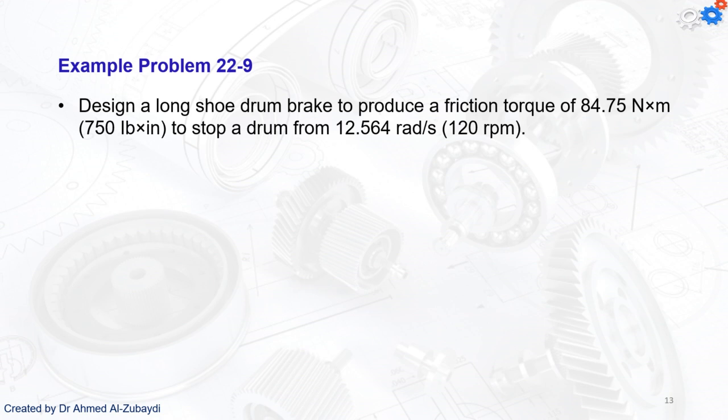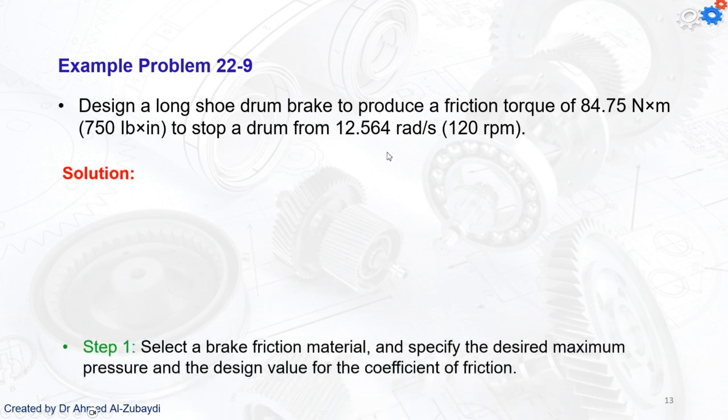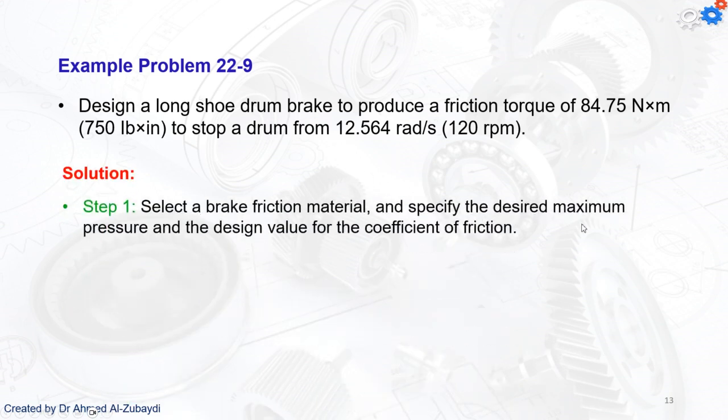Now we have been given the torque, and we have been given the omega. So we need to find what will be the parameters of our shoe brake. The solution will start with step number 1: select the brake frictional material and specify the desired maximum pressure and the design value for the coefficient of friction.